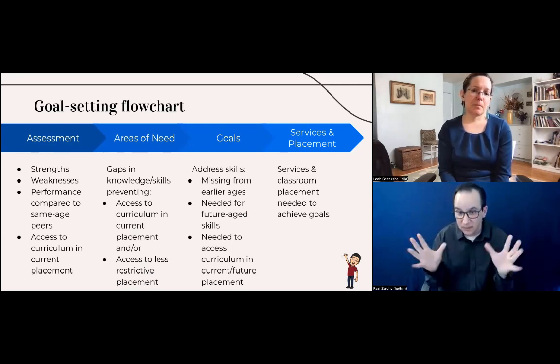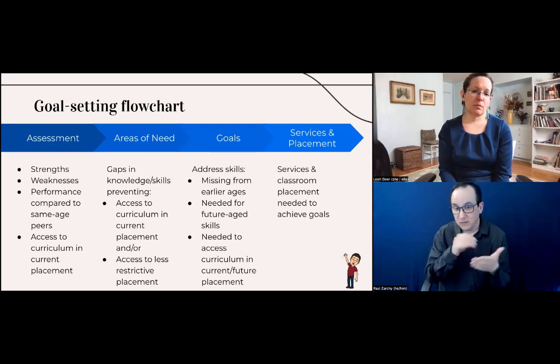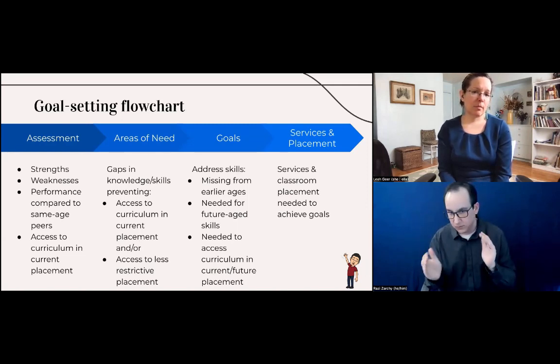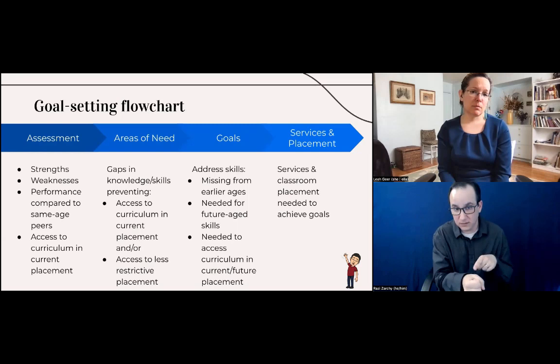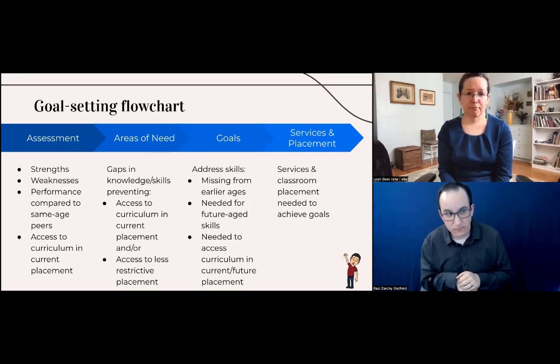We must, so we can get a clear picture of this student's strengths, their weaknesses, what their performance is compared to same age peers. And in their current placement, how well are they accessing the curriculum?